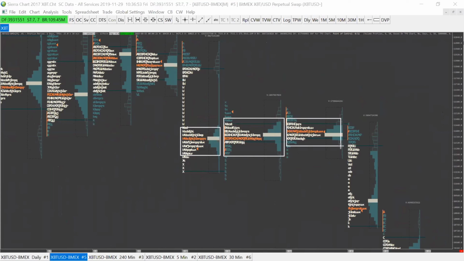Okay, point of control is relatively stable in the center. And then on the 4th day, halfway through the day here, you can see that volume is starting to trade, and significant amounts of volume are starting to trade down at the range lows, okay, outside of the previous 3 days' value area.